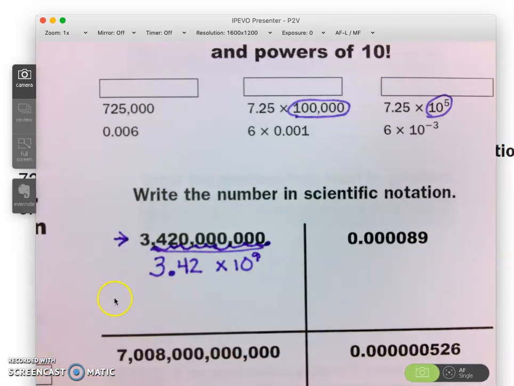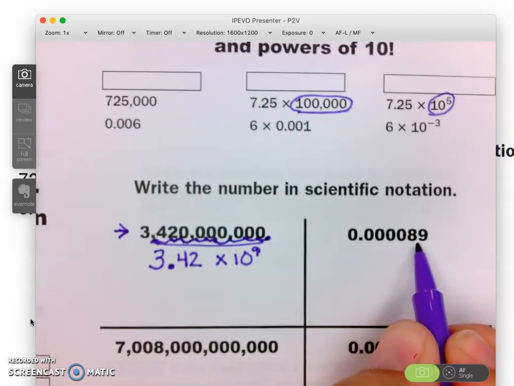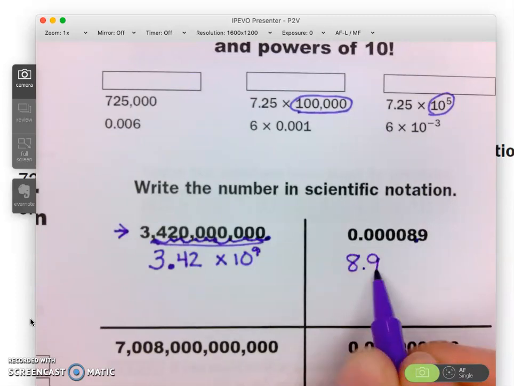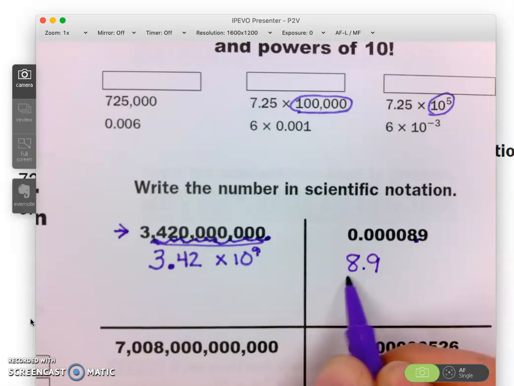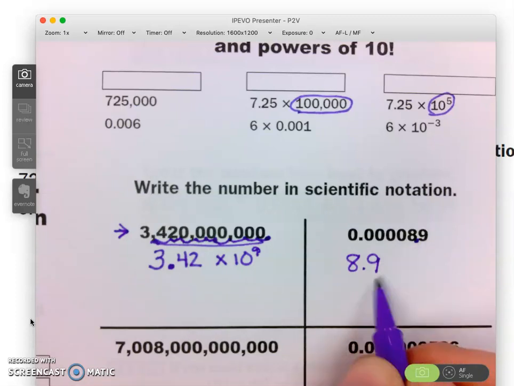Okay, remember, really small, we're going to have negative numbers. So this number here, I need to put a decimal in between to get my first number. So 8.9. See how I just have the one number before my decimal, or to the left of my decimal, and then all my other numbers go behind it. Other than 0, I only have the 9.